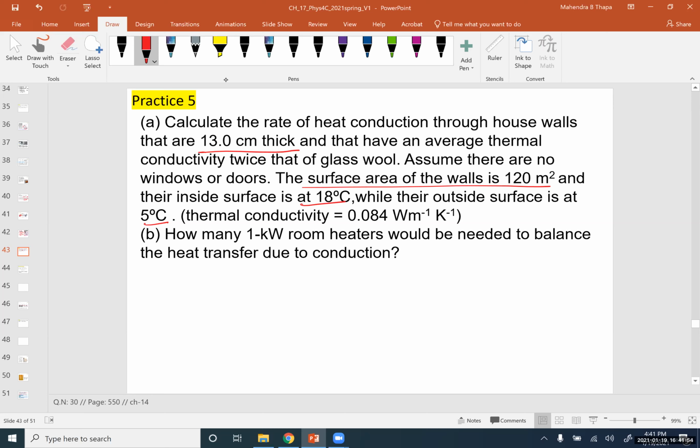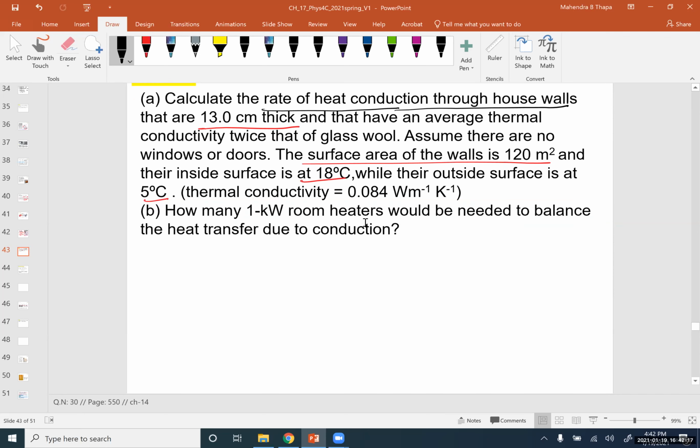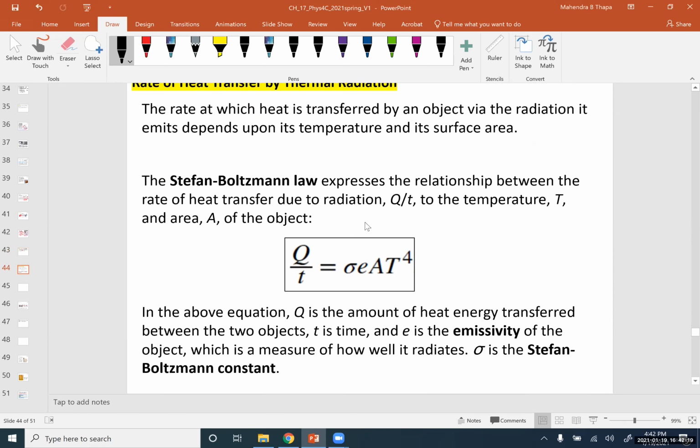Then you can find the rate of heat conduction through the house walls. The second question is how many 1 kilowatt room heaters would be required to balance the heat transfer due to conduction. So you can try this problem based on the equation that you just saw.